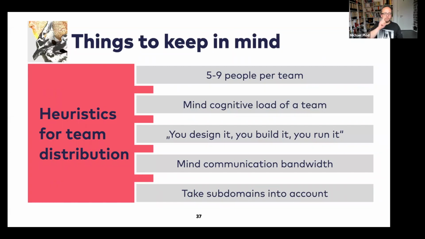We should also keep in mind how the communication bandwidth between the teams looks. And you can take a look at the subdomains as well. Mind the categories of the subdomains. I want to have a perfect staffing in my core subdomains. On the generic ones, I'm ready to take a couple of trade-offs maybe.